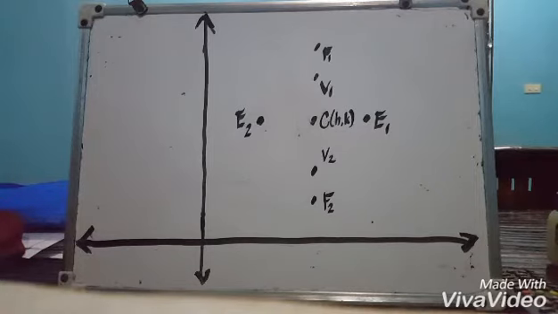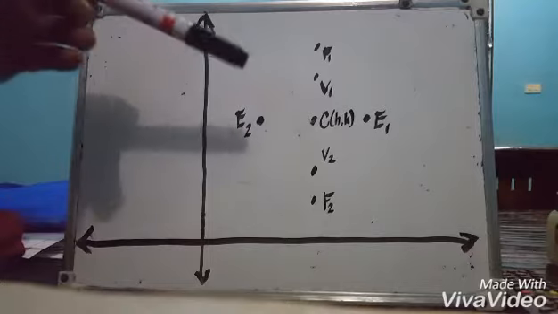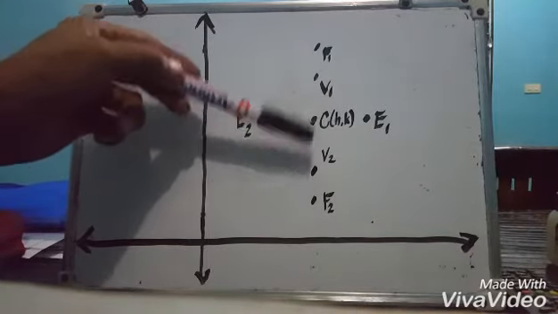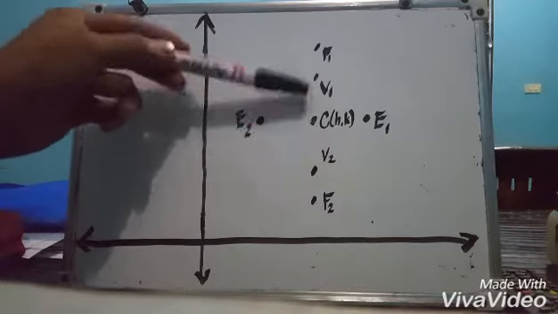Now for hyperbola class, almost the same concept, but we have a different term for each class. This time for hyperbola, the line segment connecting V1 and V2 here is not anymore the major axis.